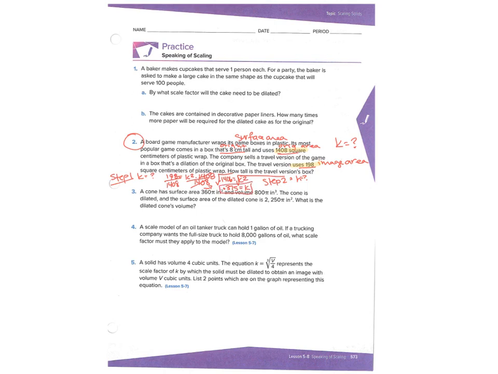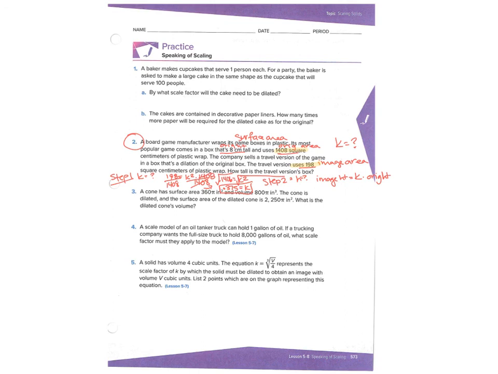This makes sense to me. That is a number less than 1. And it makes sense because my box is getting smaller. My travel version's smaller. It makes sense that my scale factor is a number less than 1. So step 2, let's find my height. I know that my image height is equal to k times my original height.